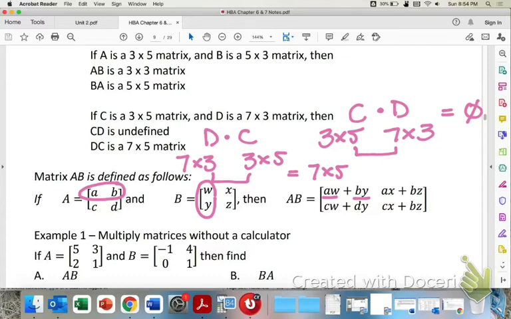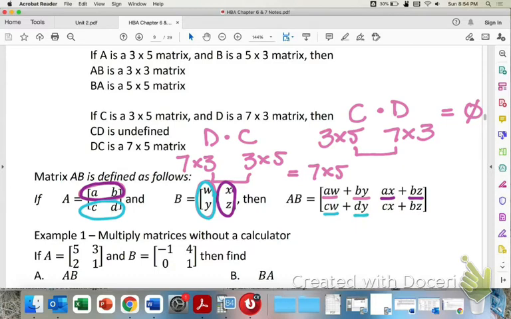Then for the second one, I would take the first row multiplied by the second column. So that's where I get the A times the X plus the B times the Z. I would then go into the second row, first column. So that's where we get C times W plus D times Y.